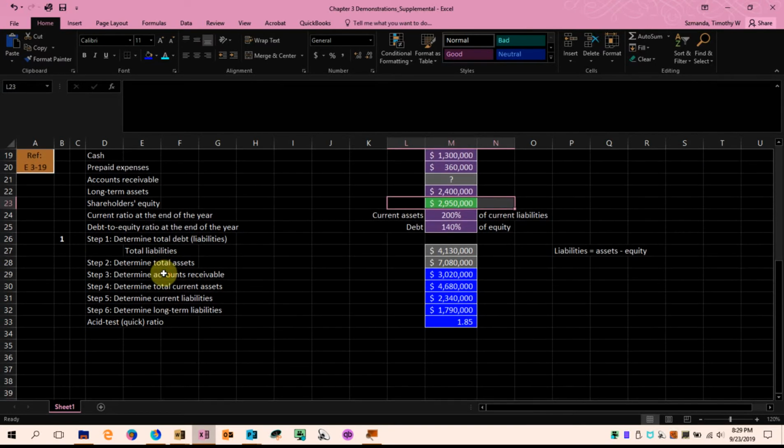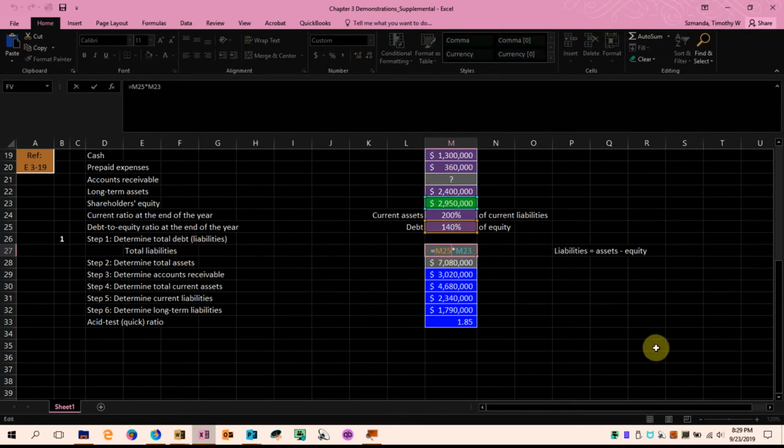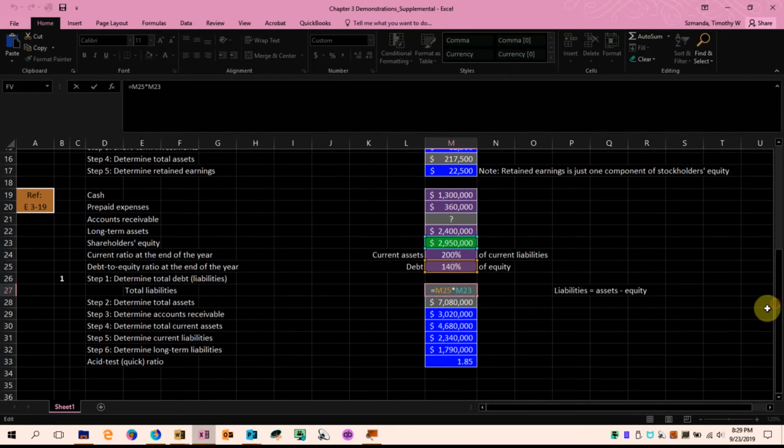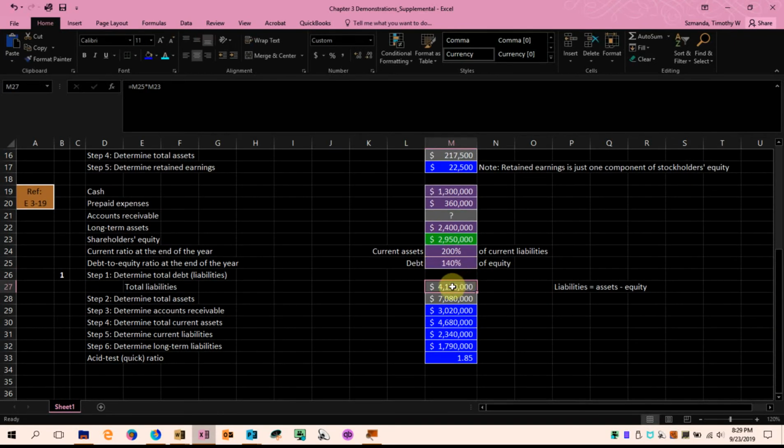So using my sequence of steps, first thing I did was determine the total debt or liabilities. And the total liabilities then, using my values here, was to take the debt-to-equity ratio, 140%, and multiply it by my shareholders' equity of $2.95 million.